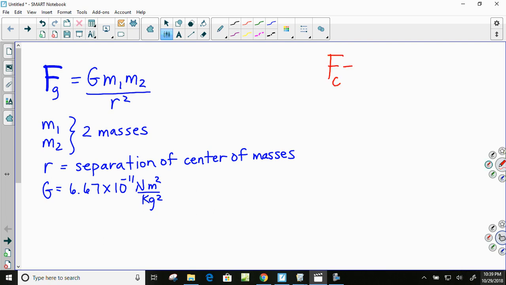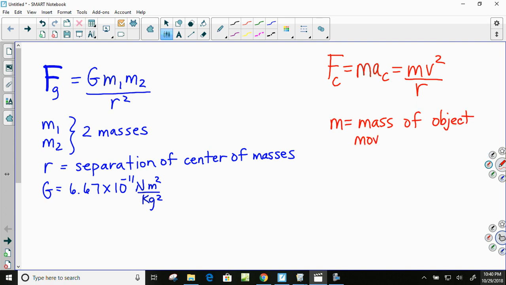So now centripetal force is equal to mass times centripetal acceleration. But we know that centripetal acceleration is v squared over r from all of the things we put together on the Pivot Interactives activity. The mass, m, is the mass of the object that's going in a circle, whatever that object is.